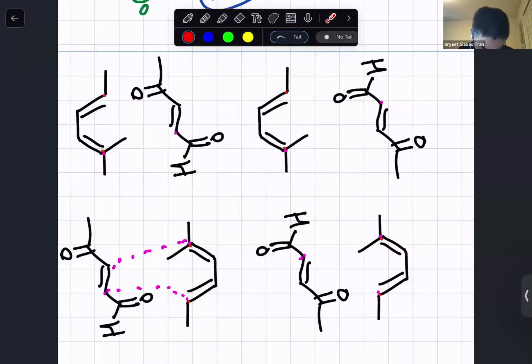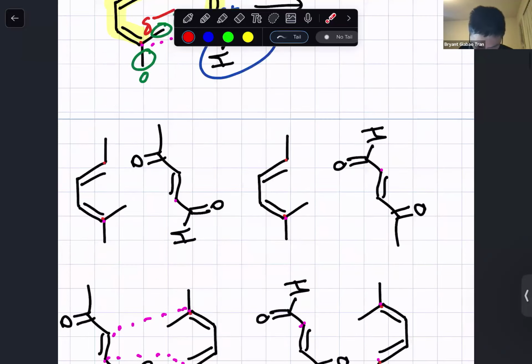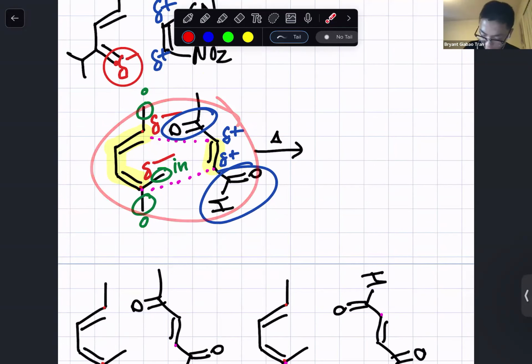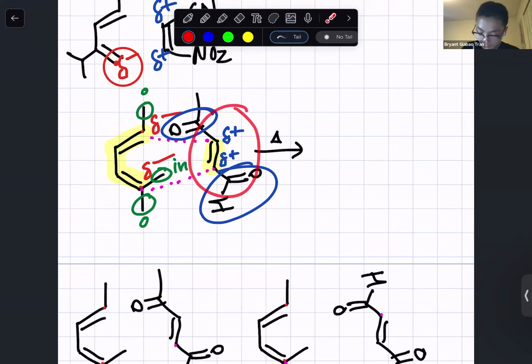Okay, so if we have it that way and we flip it. Two, four, two, four. Yeah, so imagine this reacting in that orientation, right? That's going to give you two different products. The other set of products is going to be if you flip the dienophile upside down. And then the third set of products is if you flip this diene upside down.